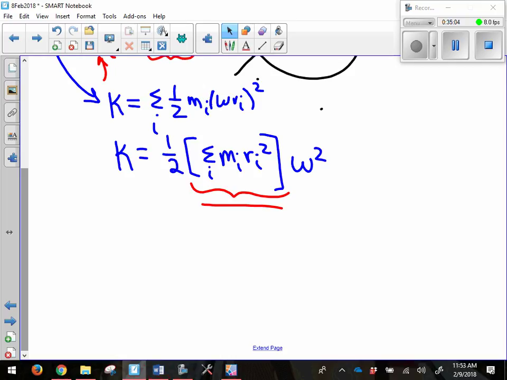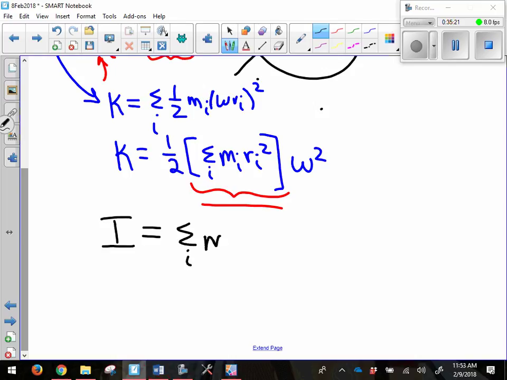Okay. And this quantity is actually really important. And for a lot of symmetric objects, we can easily figure out what this is going to be. And so we give it a name. It's called the rotational inertia. It's just the bracket.